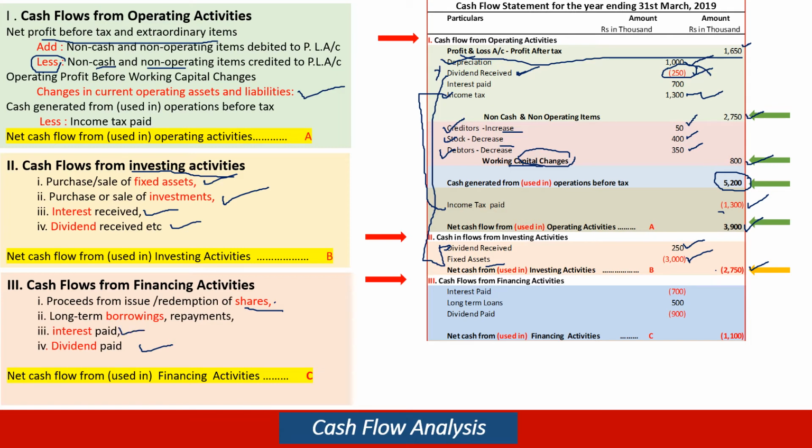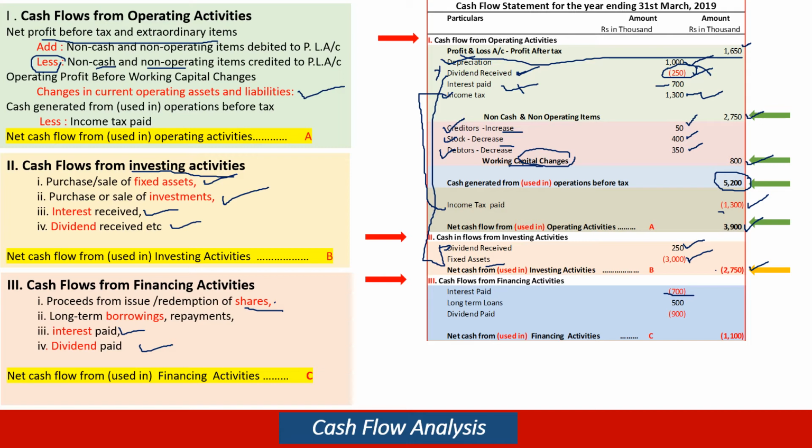These items, if we come here, there is an interest paid. Interest paid is not a part of operating. It has to move into here. Therefore, interest whatever we have paid, it was charged before. We reversed it. We are taking it back and showing it here. 700 as 700 interest paid.